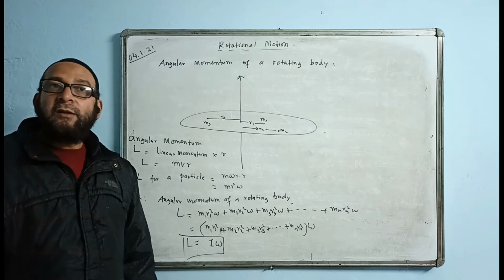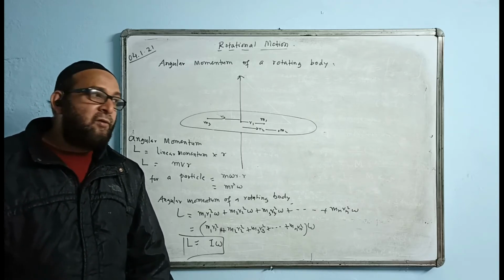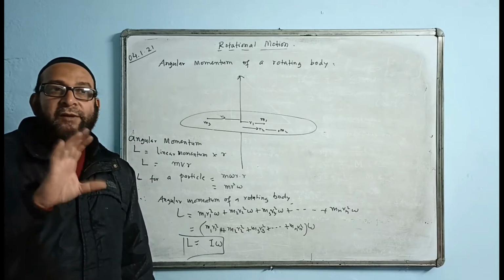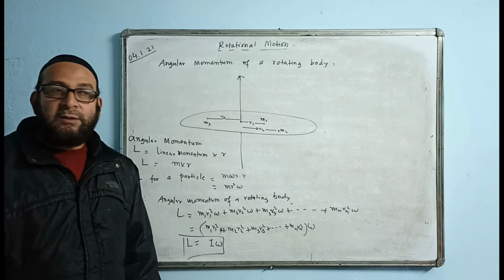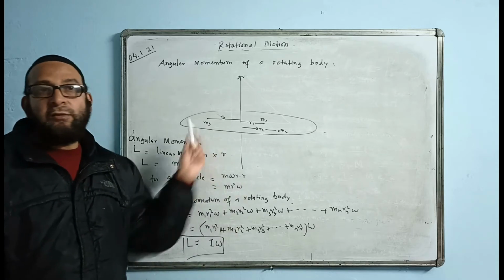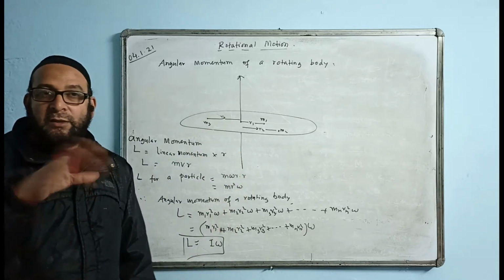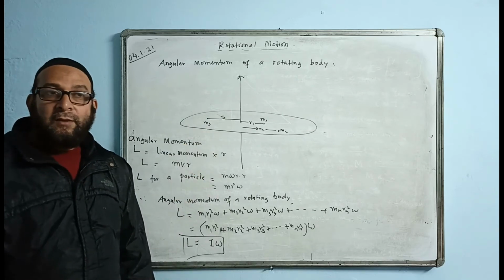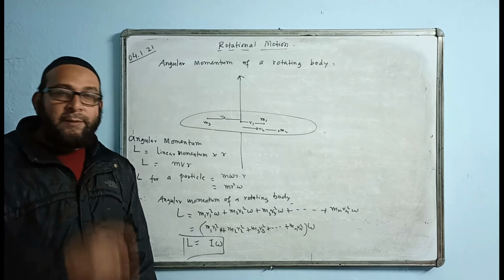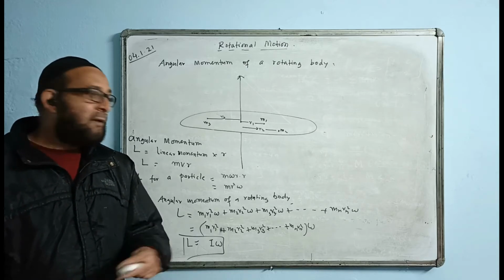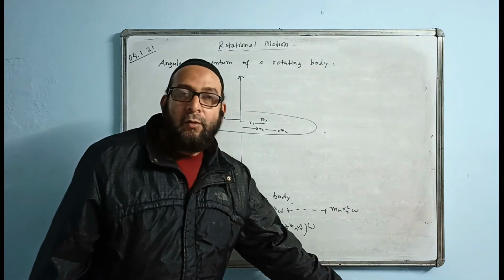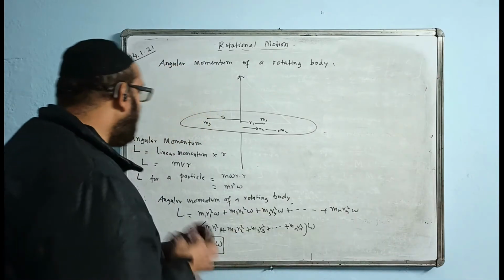Previously you had done the law of conservation of linear momentum, that the total momentum of an isolated system remains constant. That is, initial momentum is equal to the final momentum, and we had done collisions and all of that. So here also we have the law of conservation of angular momentum. Please write down the statement.